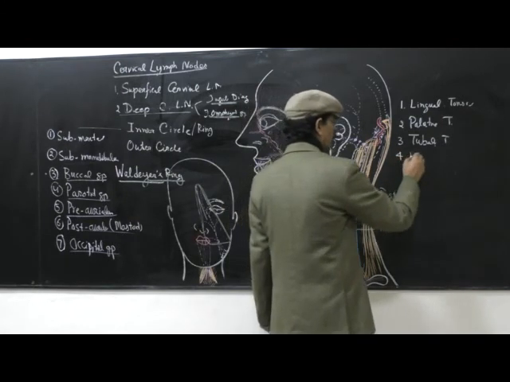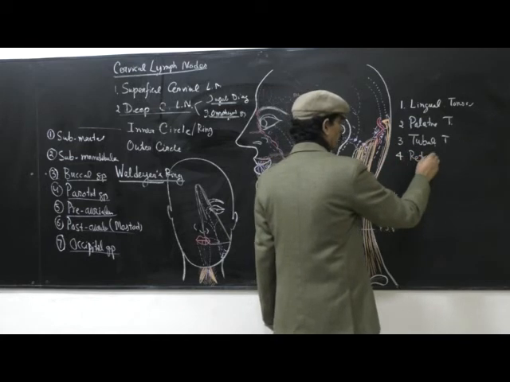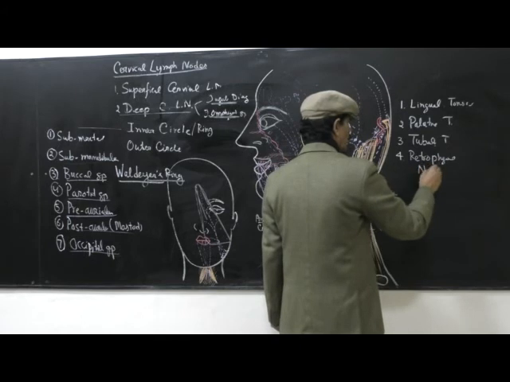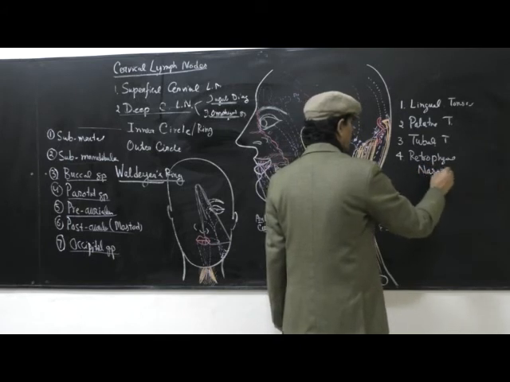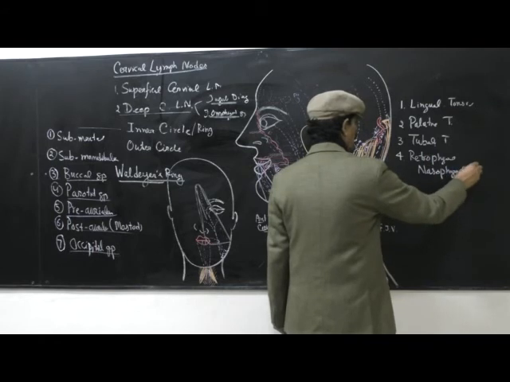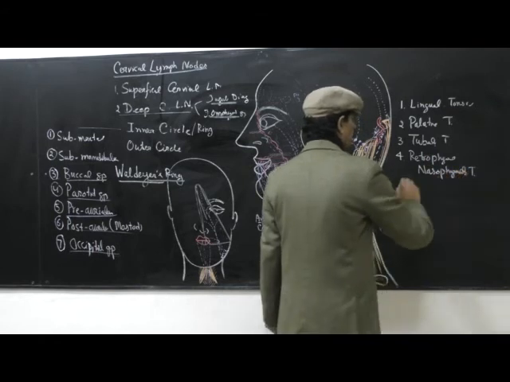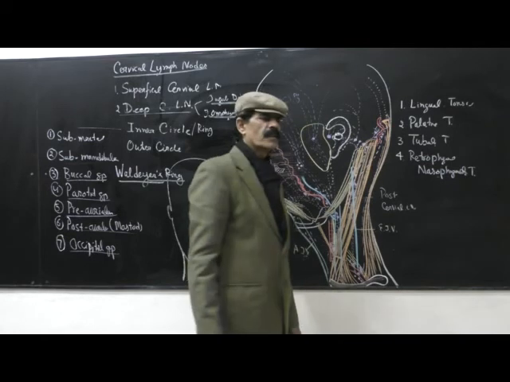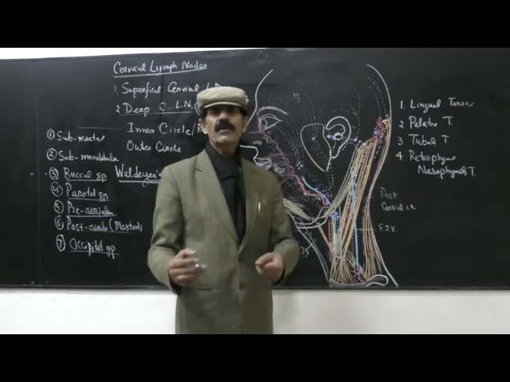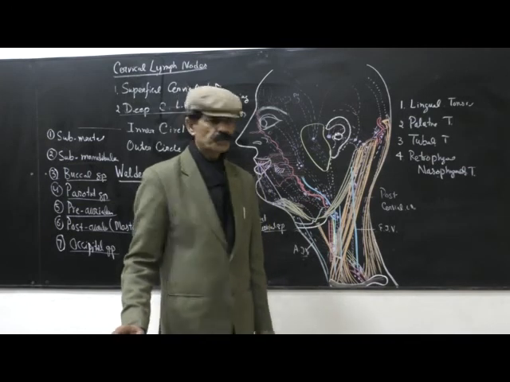Then the retropharyngeal, or more specifically nasopharyngeal tonsils. So these groups, 4 on the right side and 4 on the left side, together constitute the Waldeyer's ring.